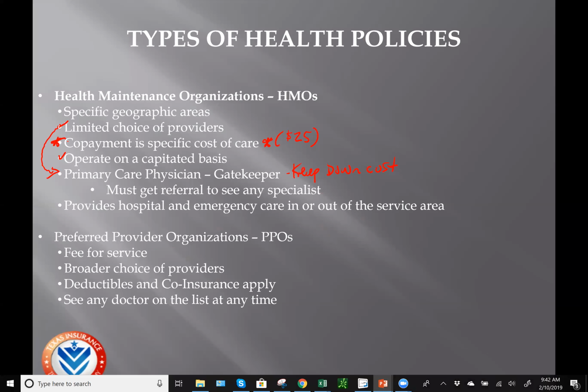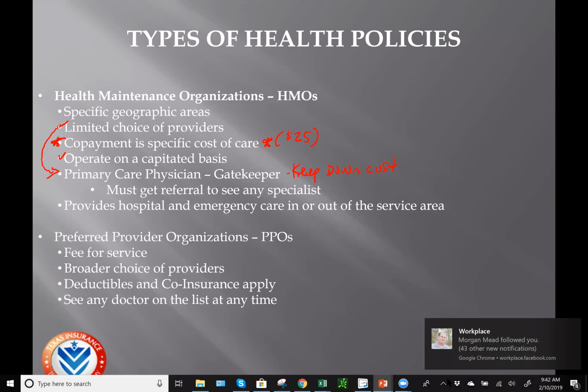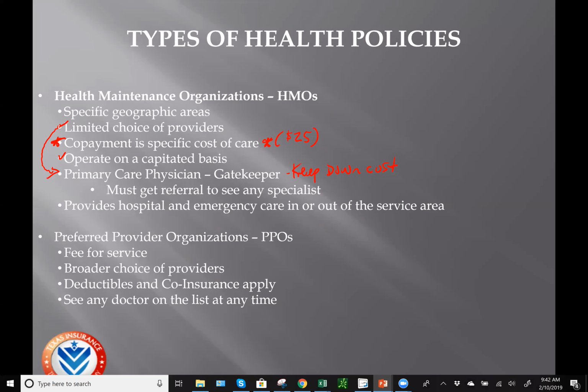So if you have to be traveling across the state, you're outside of your service area and you get in a wreck and you have to go to the emergency room, your HMO has to cover you. Even if you get hospitalized, your HMO must cover you. Now, they're going to want to get you back to the service area as soon as possible, but HMOs must provide both emergency care and inpatient hospital care in or out of the service area.